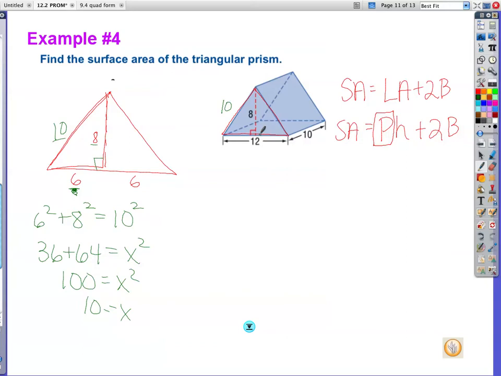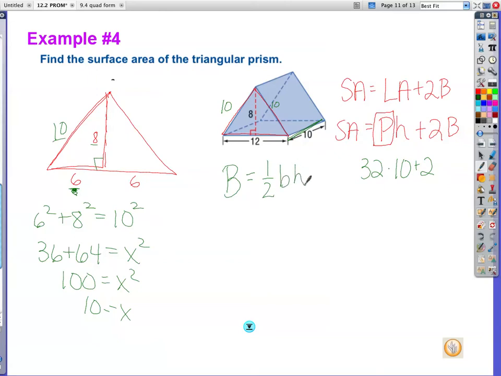And if I do the math over here on this side as well, I'm going to have a 10 over here. So my perimeter is actually 12 plus 10 plus 10, which makes that 32. The height of this prism is 10. I have 2 bases, so to figure out the area of the base, I'm going to take 1/2 base times height.